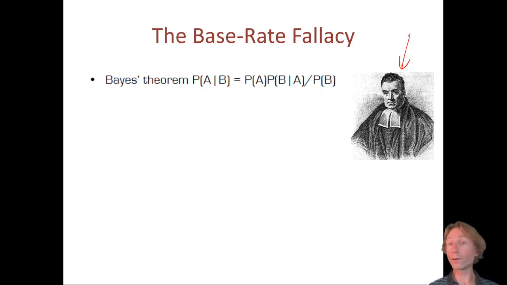this statistician, philosopher, and minister who lived in the 18th century, and he came up with this clever way of calculating conditional probabilities, such as P(A|B), right?